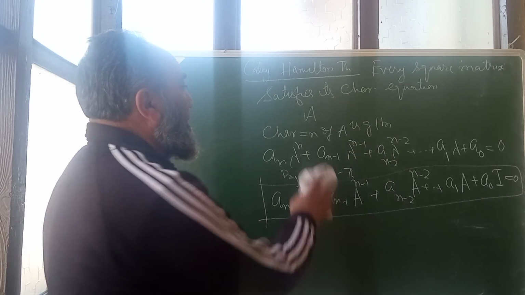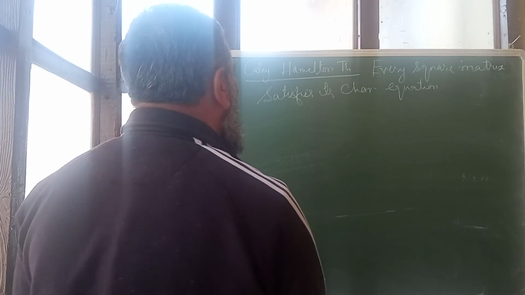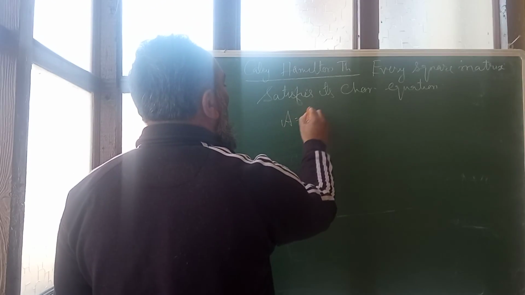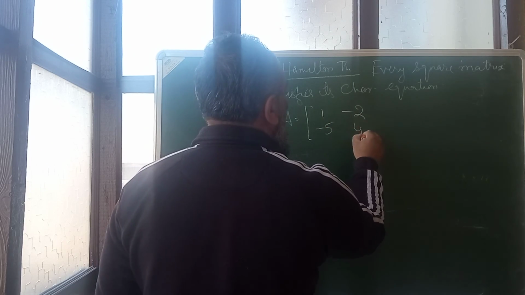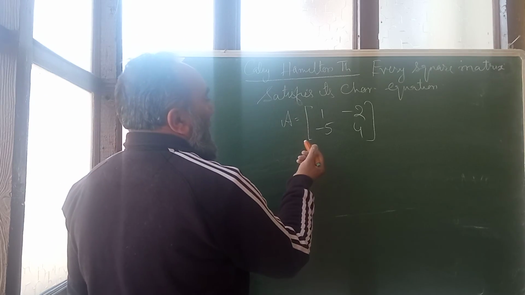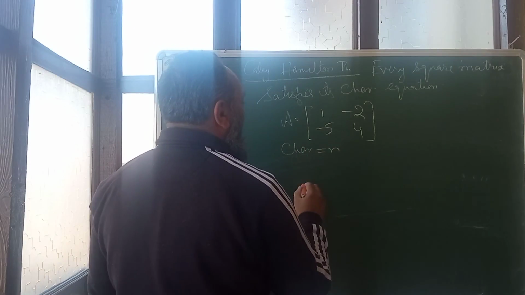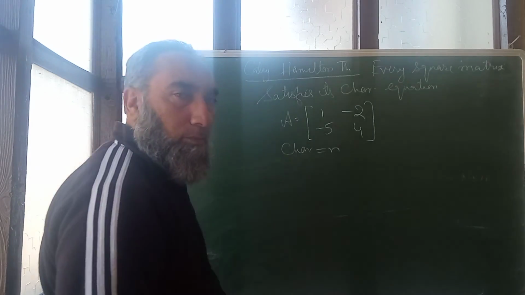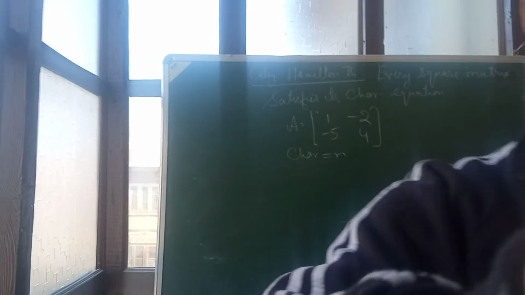For example, just now we have done one question: 1, minus 2, minus 5 and 4. Now what's the characteristic equation? As we have seen it. I think I am running out of space now.